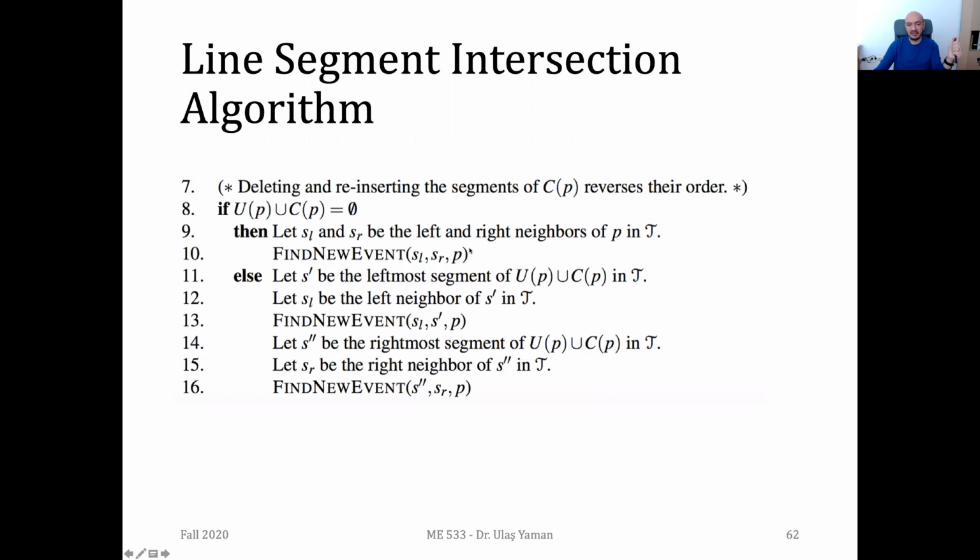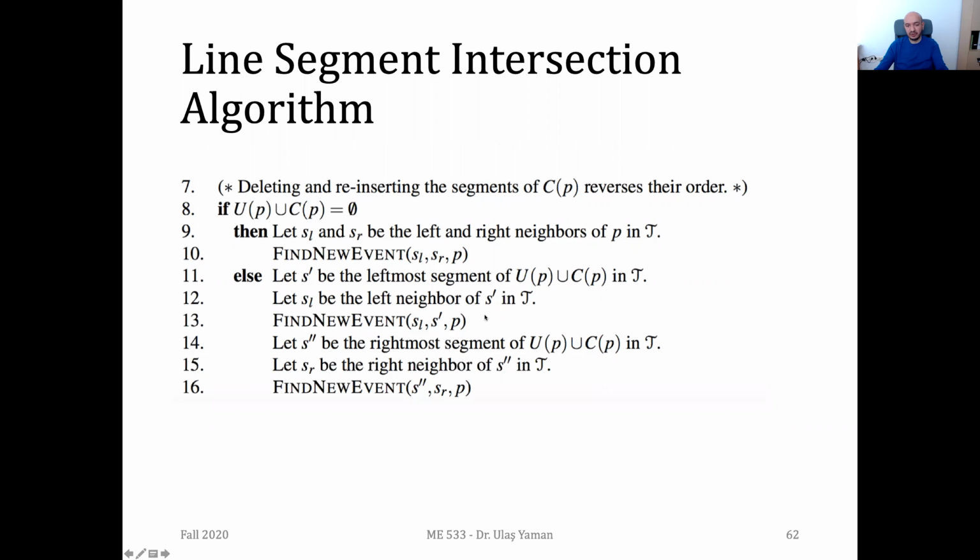This function is responsible for doing the checks between the neighbors. What are the neighbors? We have the event point P already, and SL and SR are the left and right neighbors. So if this union operation is not equal to an empty set, then we set a variable S prime to be the leftmost segment of this union operation in the tau data structure, and SL to be the left neighbor of S prime.